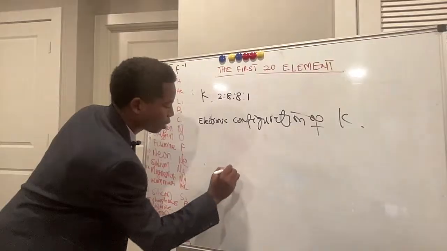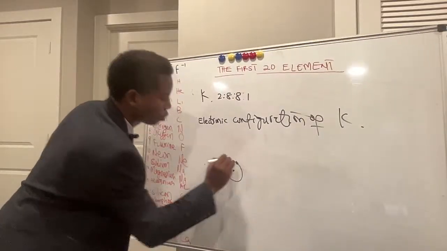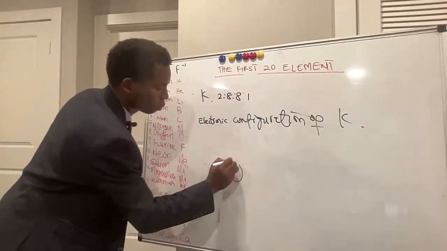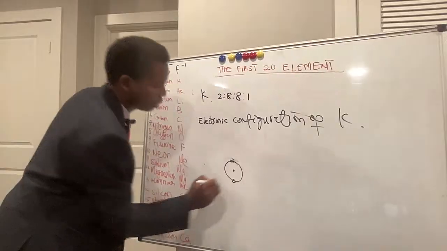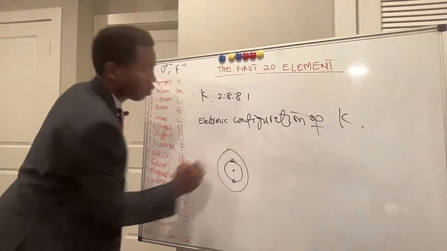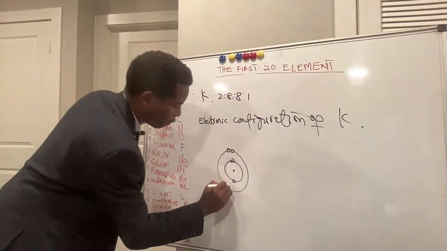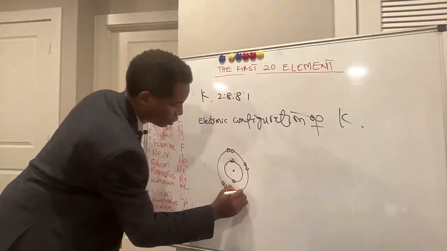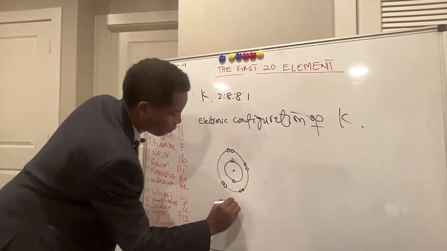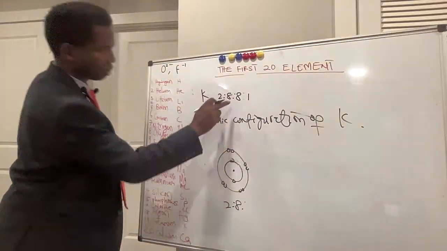This is the nucleus of potassium. The first shell takes a maximum of 2. The second shell takes a maximum of 8: 1, 2, 3, 4, 5, 6, 7, 8. So we have 2.8. We have another 8.